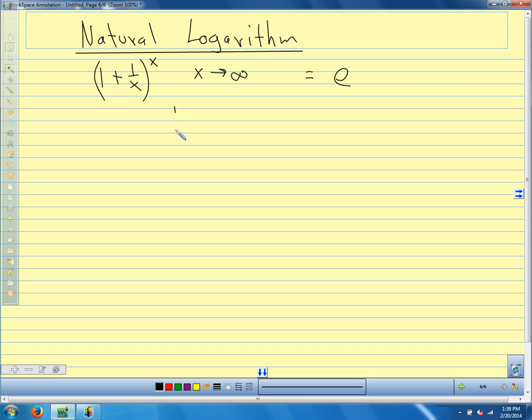Log base e, which we write as ln, is the natural logarithm.